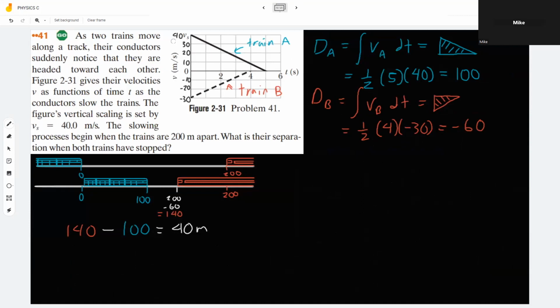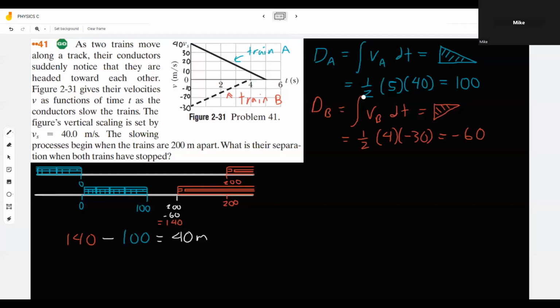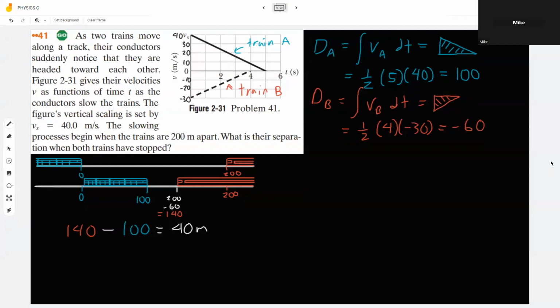Two trains move along a track. Their conductors suddenly notice they're headed towards each other. 2-31 gives velocities. What is their... the slowing process begins when the trains are 200 meters apart, no?